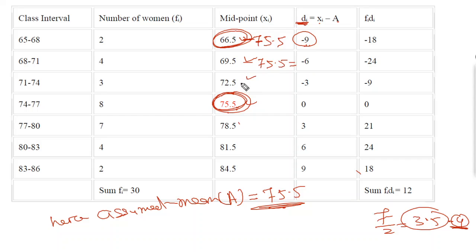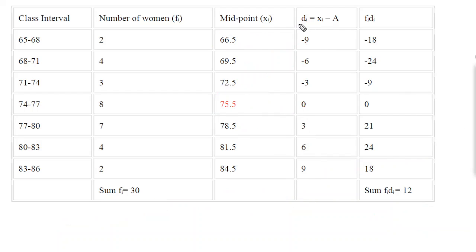Then 72.5 minus 75.5 will be equal to minus 3. Then 75.5 minus 75.5 will be equal to 0. Similarly, please subtract 75.5 from all the numbers. You will get these numbers. Okay. Now you have got di.